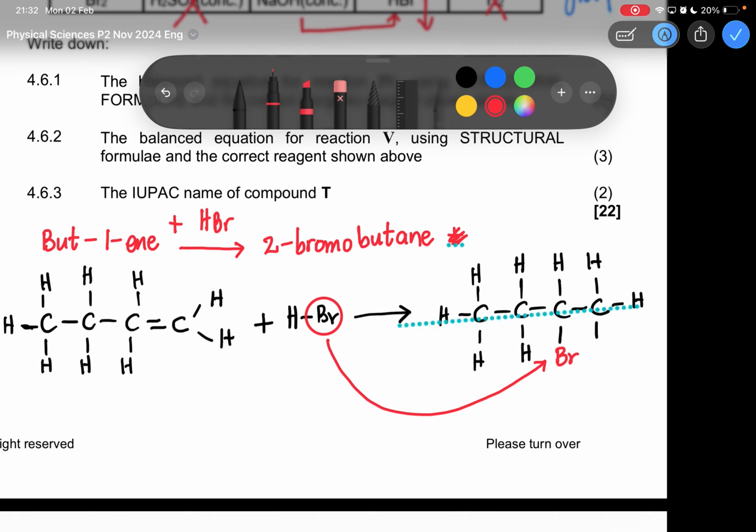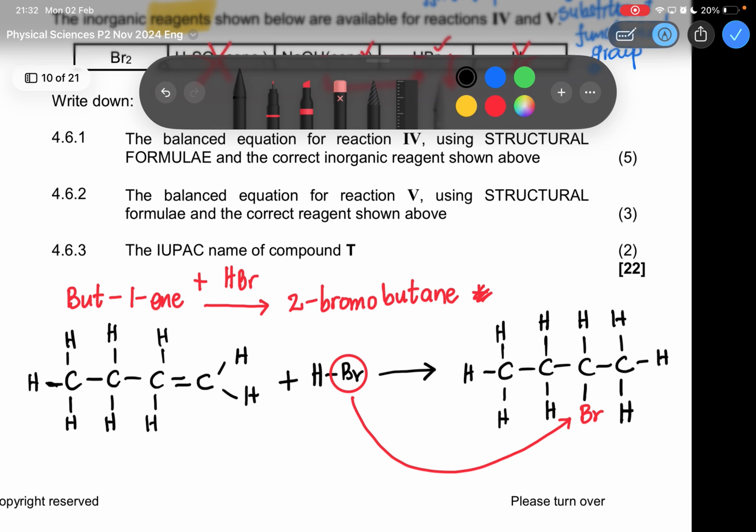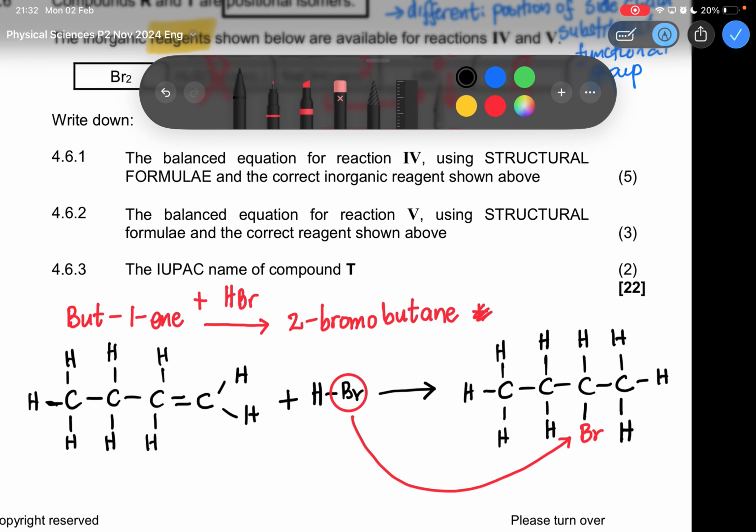And the other hydrogen will go where there are more hydrogens. The rich get richer and the poor get poorer. Markovnikov. Right, so that is a balanced equation for 4.6.1. So that's what you must have for 5 marks.